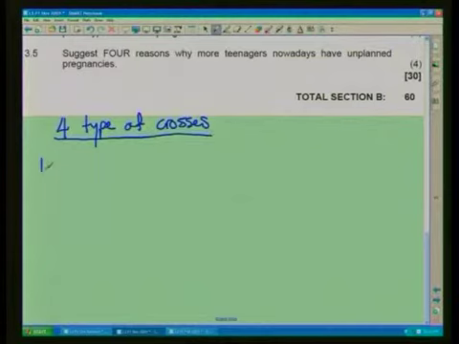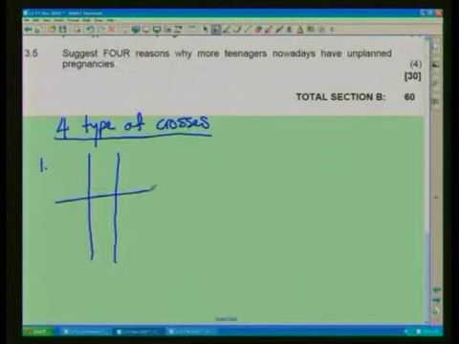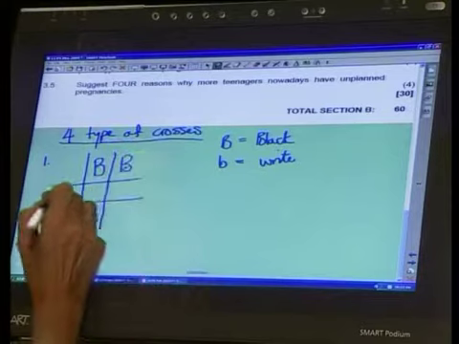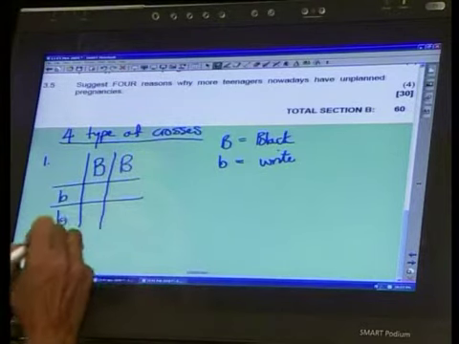Number 1 is if I'm going to use black and white. So I'm going, sorry, Jennifer. So we go black, all right? So B equals black, and a small b equals white. All right, you with me? Yes. Okay, so we're going to say homozygous, in other words, pure black, crossed with pure white.